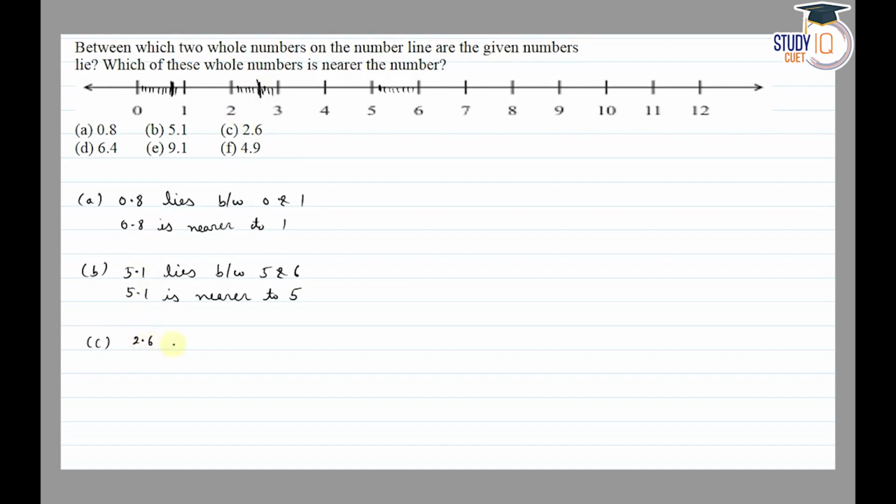So 2.6 lies between 2 and 3, and nearer to 3, since it is 4 subparts far from 3, and from 2 it is 6 subparts far. So 2.6 is nearer to 3.